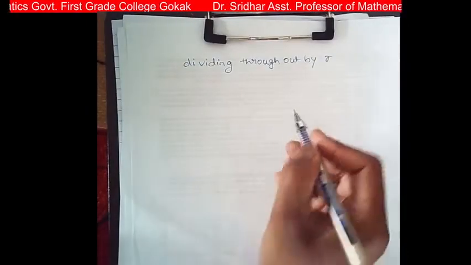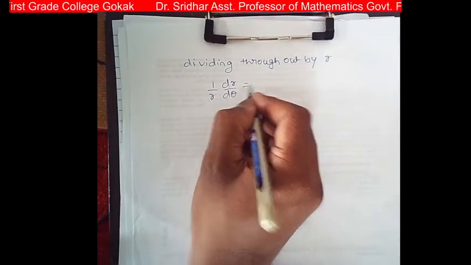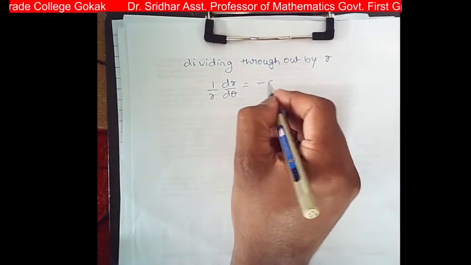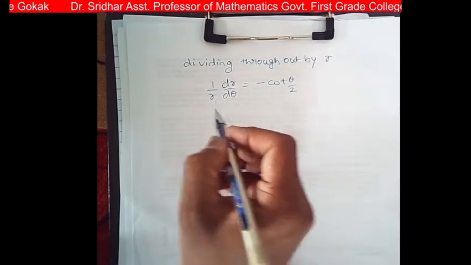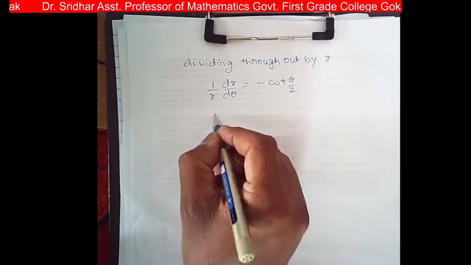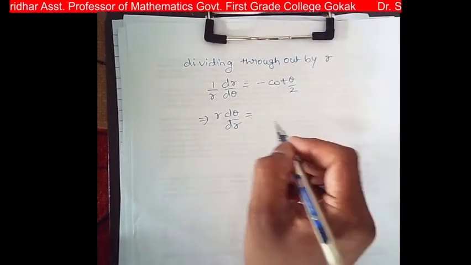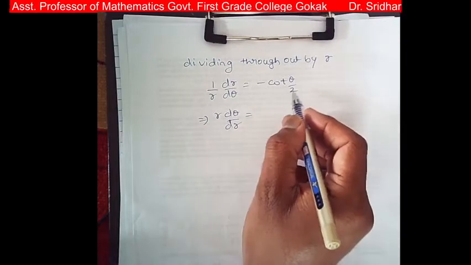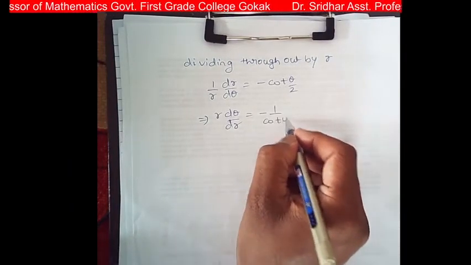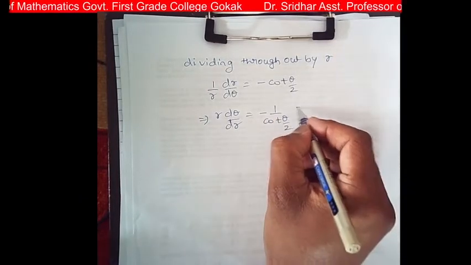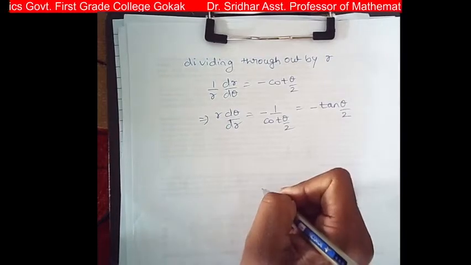So with this it gives 1 by r dr by d theta is equal to minus cot theta by 2. Now reversing this, r into d theta by dr, which implies next this is also to be reversed, so it becomes minus 1 divided by cot theta by 2. Okay, or this is same as minus tan theta by 2.